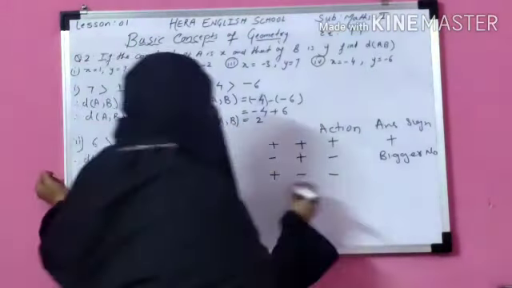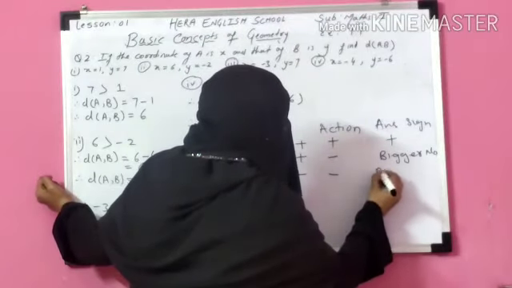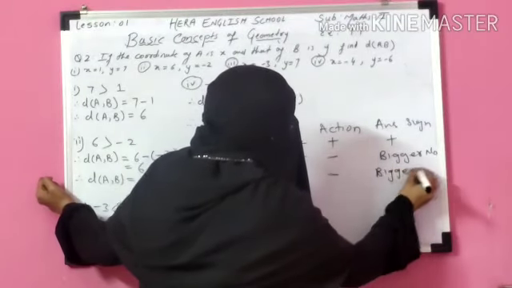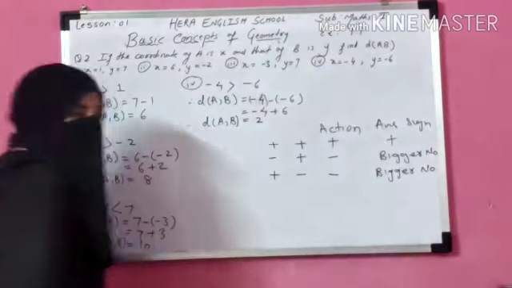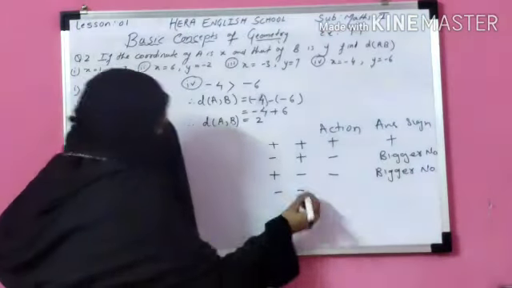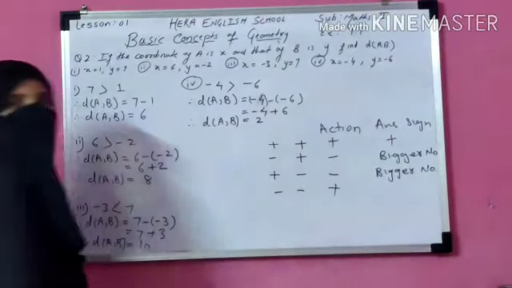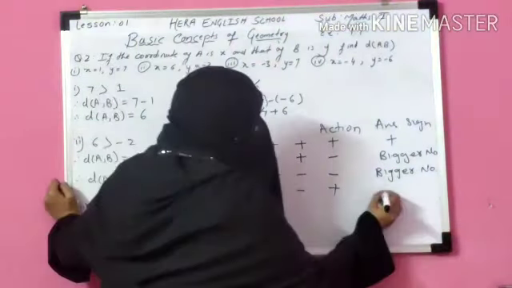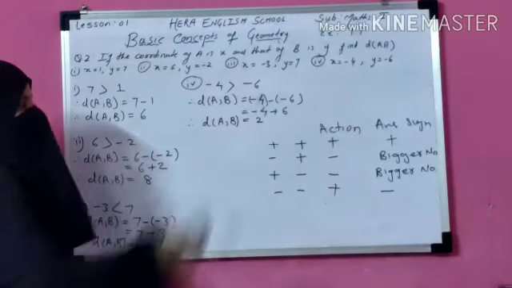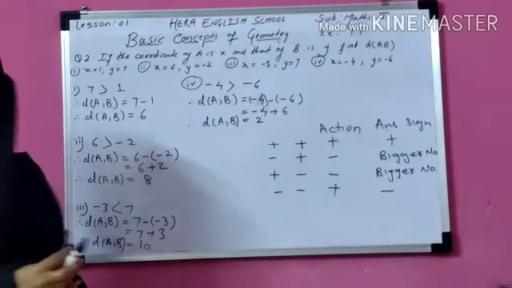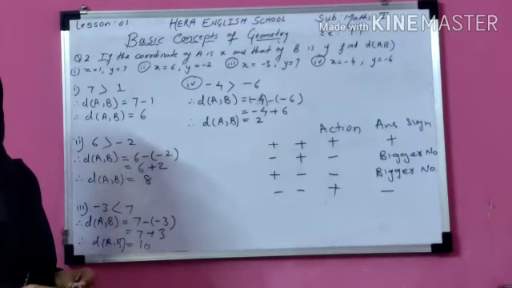Same here, but the answer sign is the bigger number's sign. Now the next case, if both the numbers are in minus form, then for minus minus you have to perform the plus action and the answer sign is minus. This is the criteria for the addition and subtraction of two numbers.